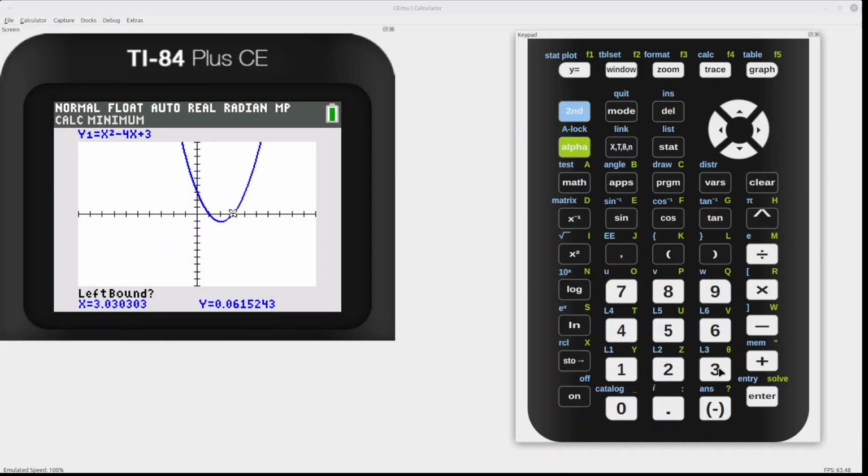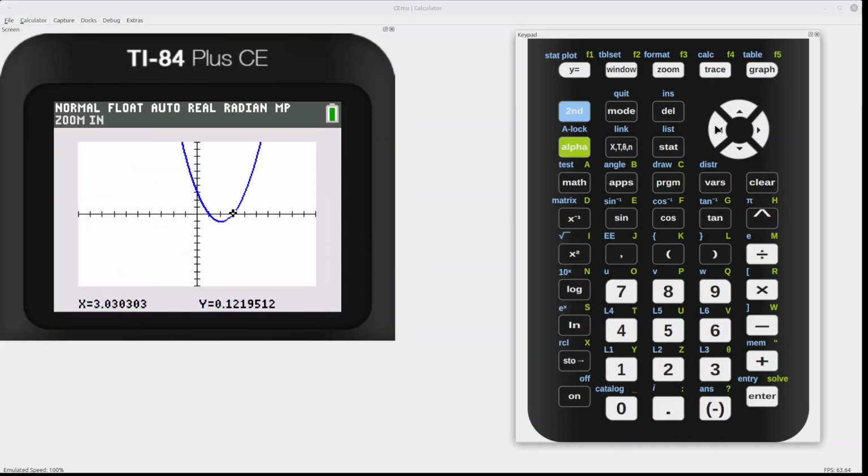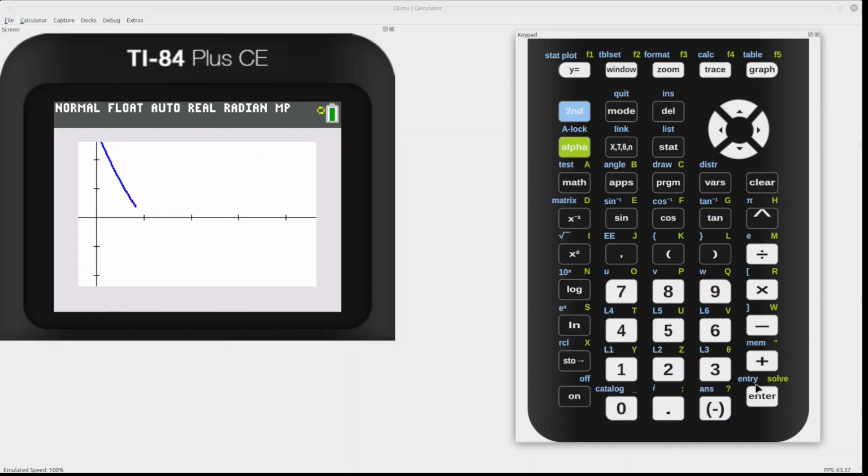I want my guess to be pretty close, so I'm going to zoom in a little bit. I'm going to hit zoom, option 2, zoom in, place my cursor in this area here, and press enter so I can see it up closer.